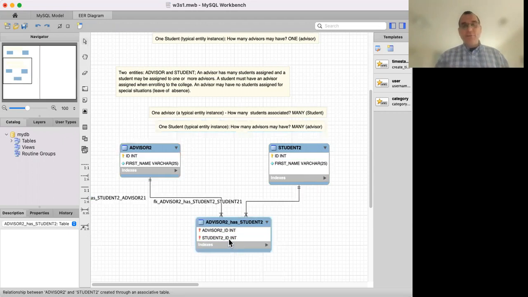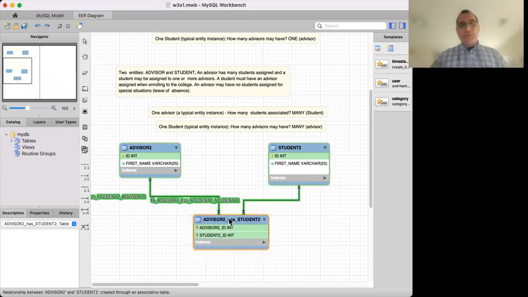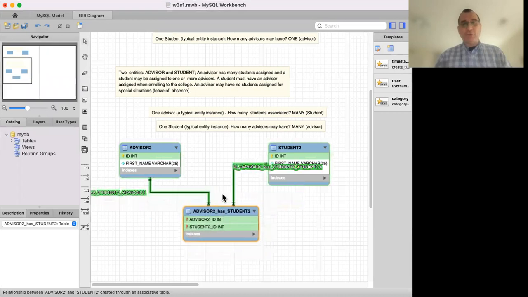And you see, if I use a many-to-many relationship in Workbench, it will create this bridge and link both advisor and student with a bridge. And you may say, okay, it's done for me. Not really, you still have work to do.